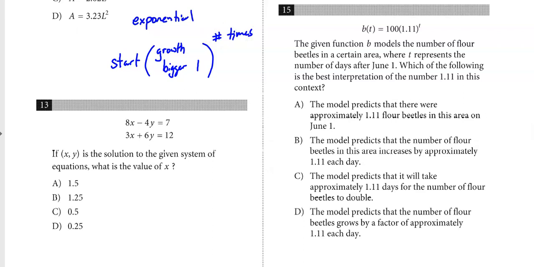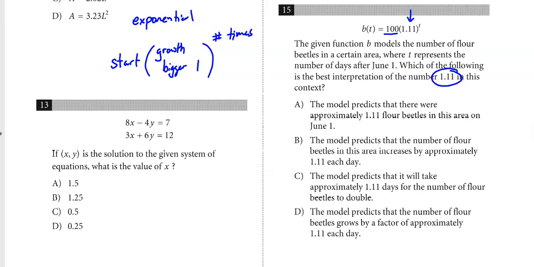So I kind of know on this problem, we started with 100, and we are growing by a factor of 1.11. So you take 100, you multiply it by 1.11, you get a little bit bigger number. Then you do it again, you do it again, you do it again. So looking through here, it says, which of the following is the best interpretation of this number?